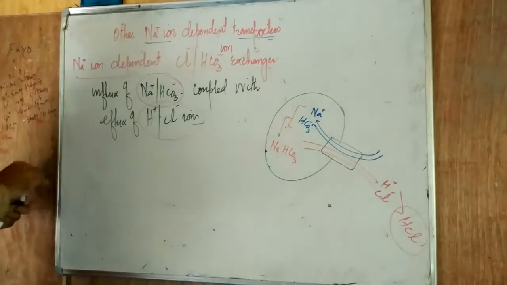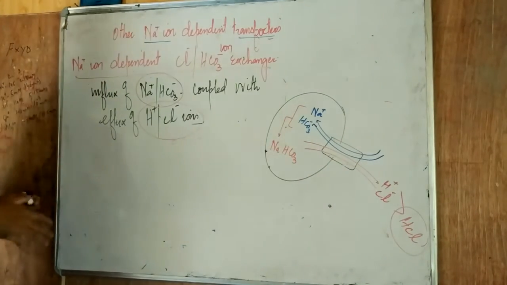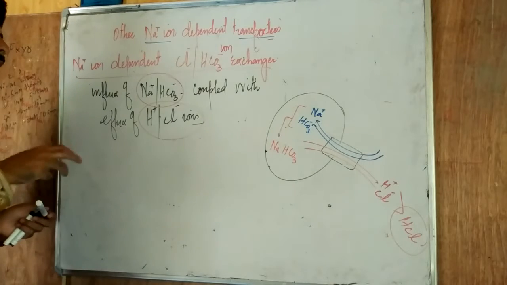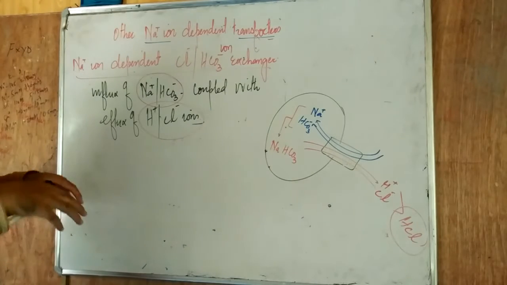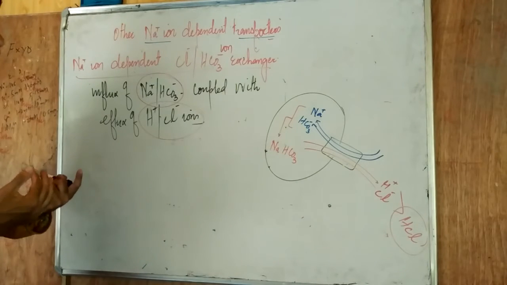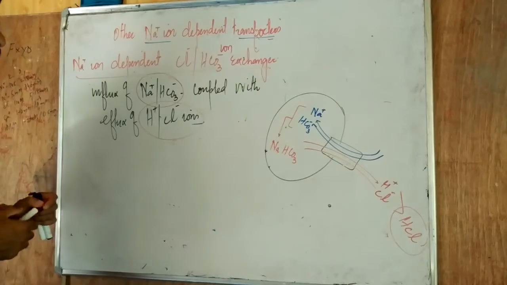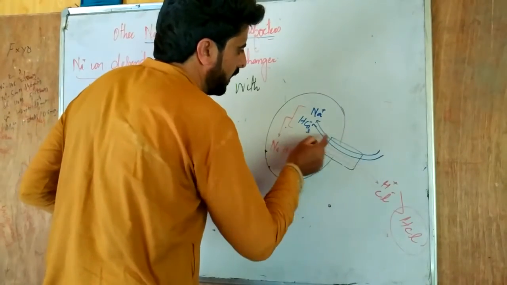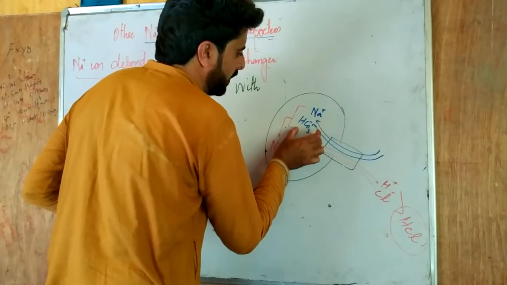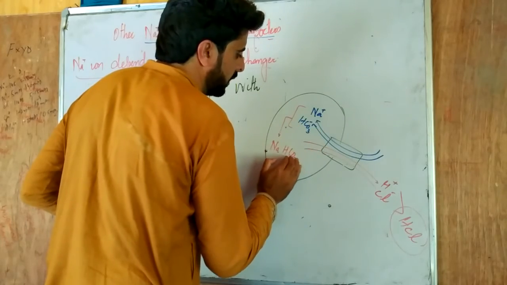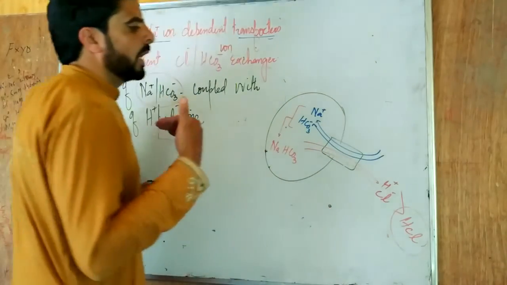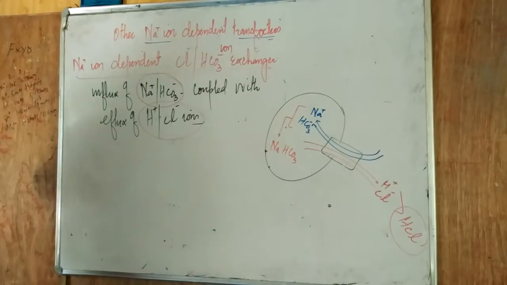So this is also a sodium ion dependent chlorine bicarbonate ion exchanger, which is mainly expressed in the stomach, while the HCl is excreted by the cells of the stomach into the lumen of the stomach. So that HCl gets formed due to the influx of the sodium ions and bicarbonate ions, coupled with the efflux, meaning expelling out, of hydrogen and chlorine ions.